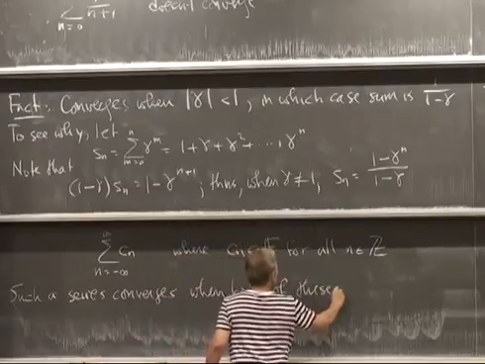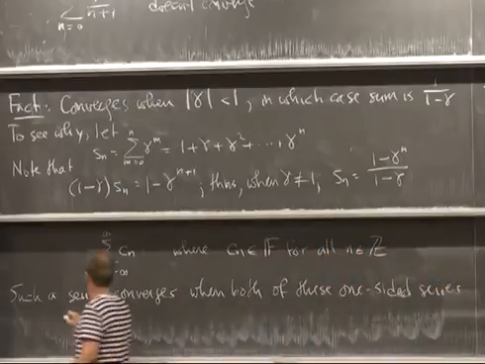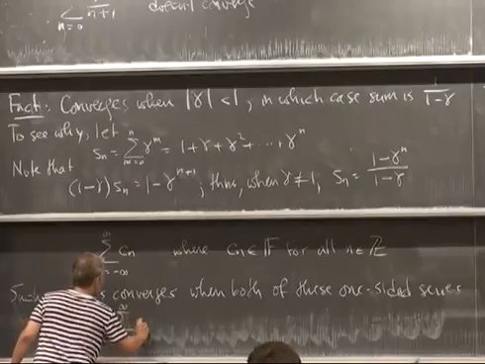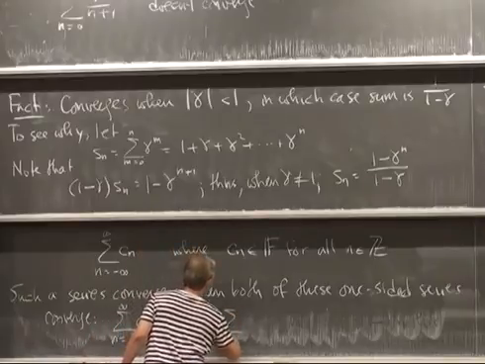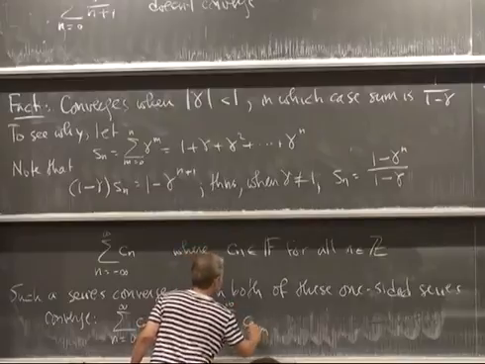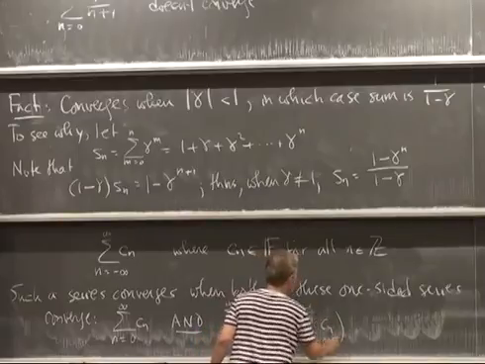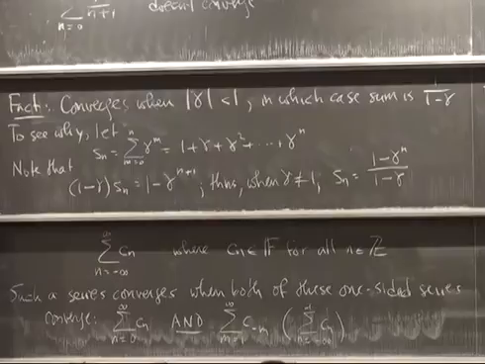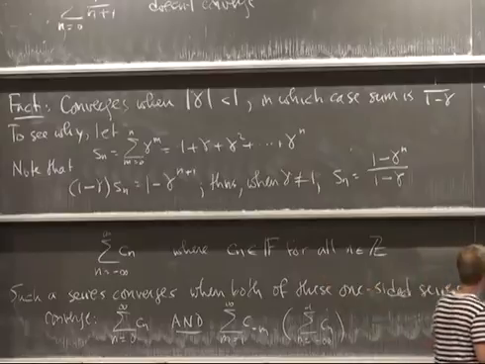So when both of these one-sided series converge, the sum from n equals 0 to infinity of c sub n, and the sum from m equals 1 to infinity of c sub minus m, which is the same as the sum from n equals minus infinity to minus 1 of c sub n, the two-sided series converges. And that's an if and only if. In some sense, it's the definition of what it means for a two-sided series to converge.